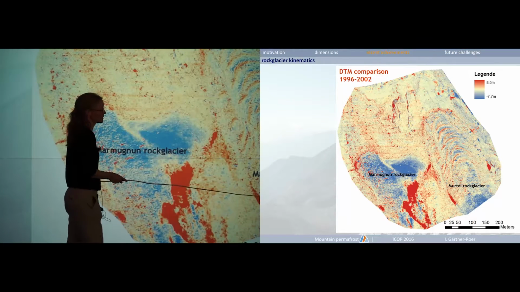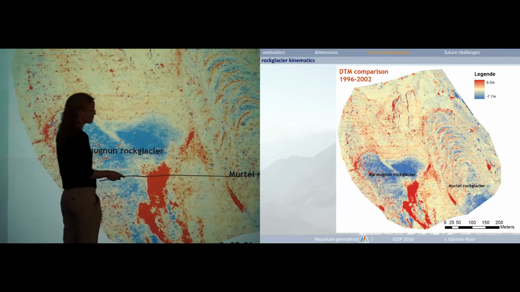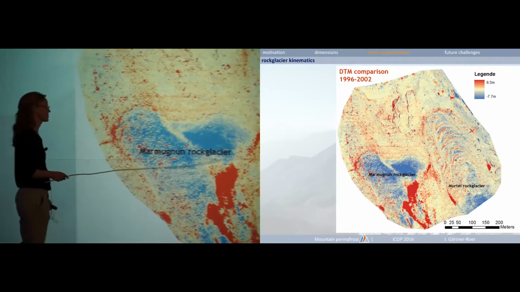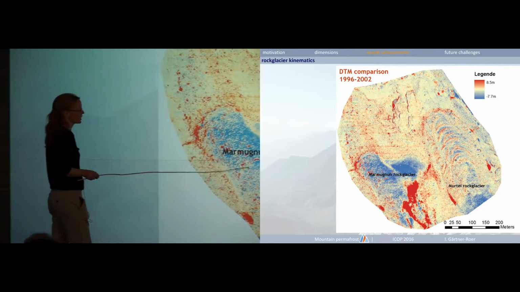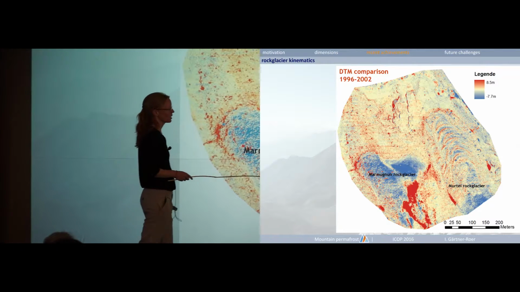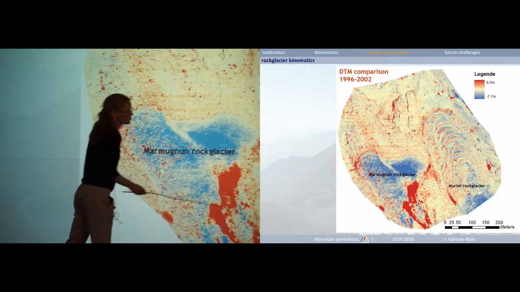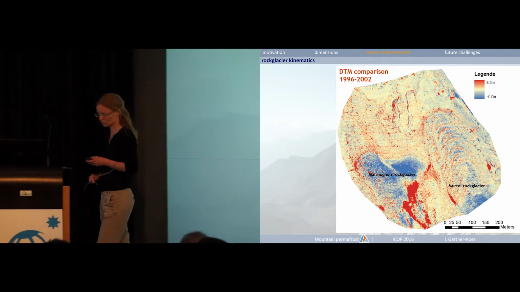What we also see at several sites now recently is kind of a subsidence signal on the rock glacier. This rock glacier next to Murtèl is quite a different case. We see subsidence everywhere over the landform. But this signal in the rooting zone of the rock glaciers is quite often measured recently.